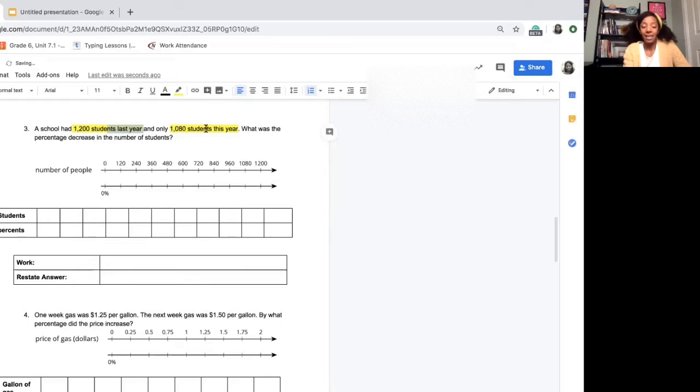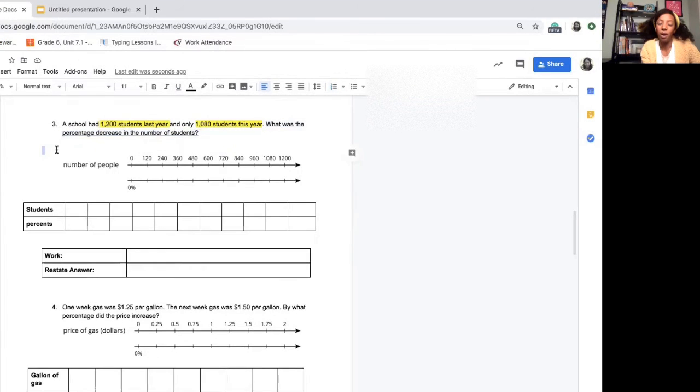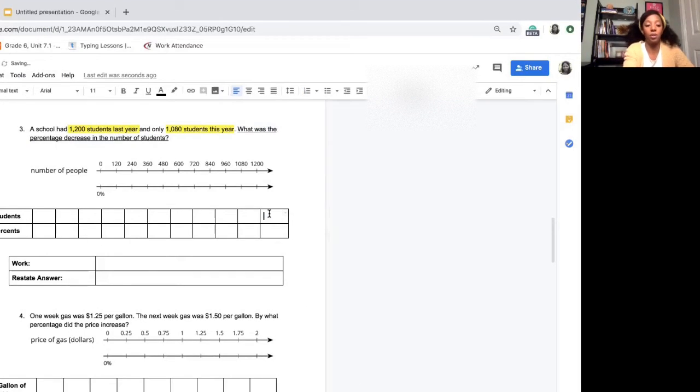What was the percentage decrease in the number of students? So now we're going to underline what the problem is asking. 100% or my whole would represent what we had last year, which is 1,200 students. So I'm going to place my 1,200 students and my 100% on my table first.